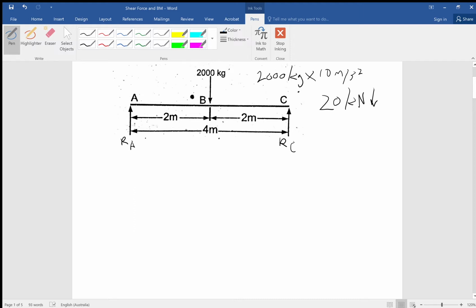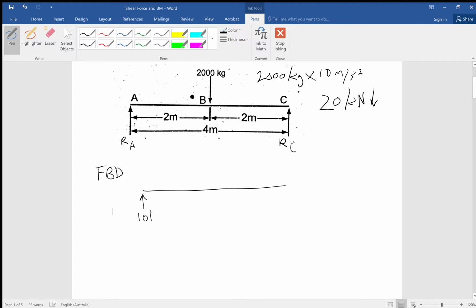It's a 5-step process, but we also know from previous experience that if we were going to do this free body diagram for a very simple situation like this, the actual free body diagram would distribute that 20 kilonewtons equally on both sides.